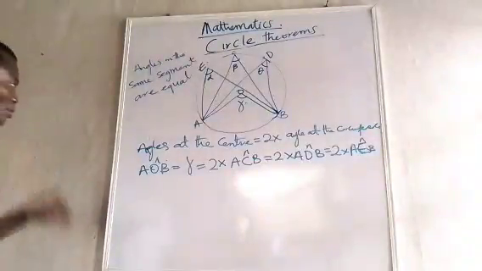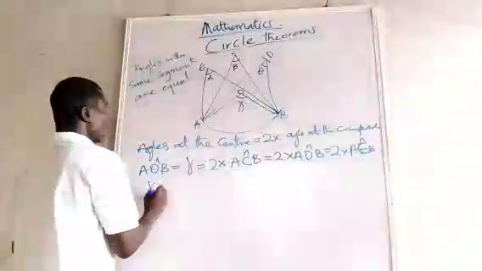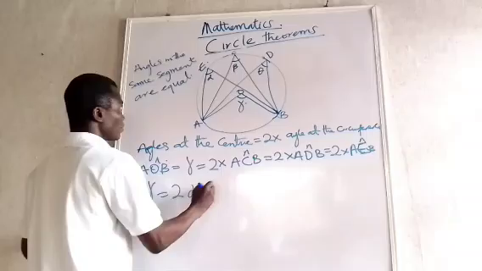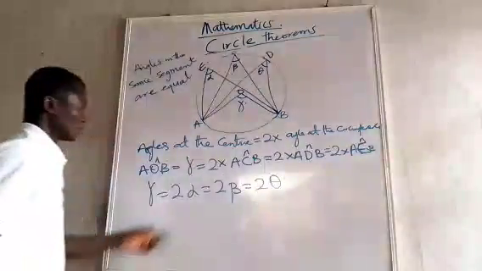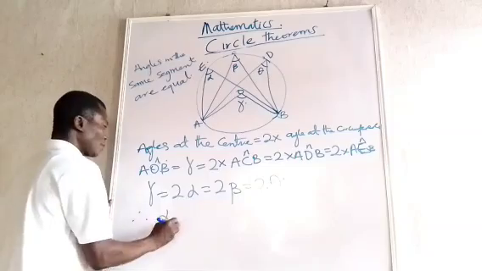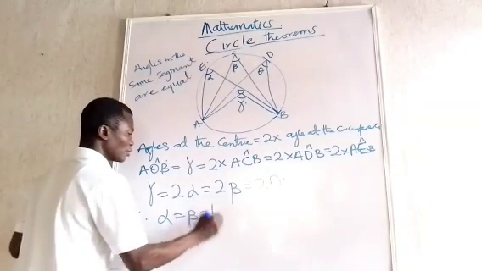Do you understand? So it means that gamma is equal to 2 alpha is equal to 2 beta is equal to 2 theta. Therefore, alpha is equal to beta is equal to theta.